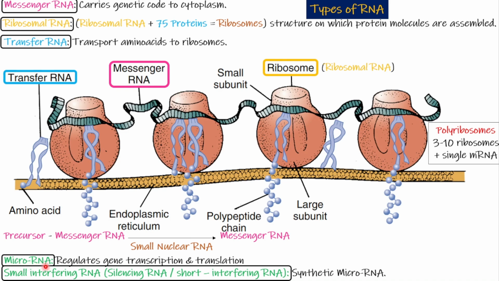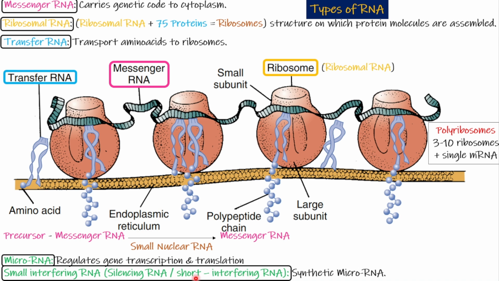Now, microRNA is very important. It regulates gene transcription. It puts a stop to the transcription and translation and regulates it. If the microRNA is made synthetically, the synthetic microRNA is known as small interfering RNA, silencing RNA, or short interfering RNA. From the name, it is pretty obvious: silencing RNA. It puts a stop to the process of translation.